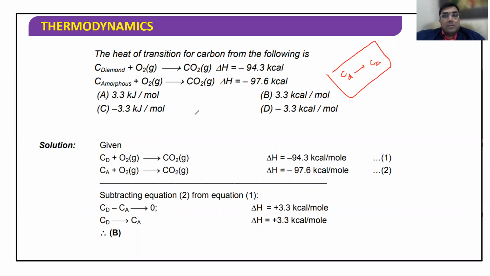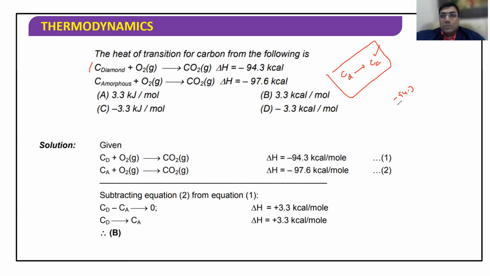So first of all, C diamond, which side is it in the first equation? Left side. In the requirement also, it is on the left side. Are you following? So directly you take minus 94.3. No need to change the sign. Now, C amorphous is on which side here? Right side. In the requirement, it is on the left side.